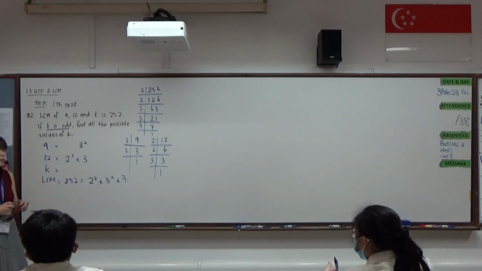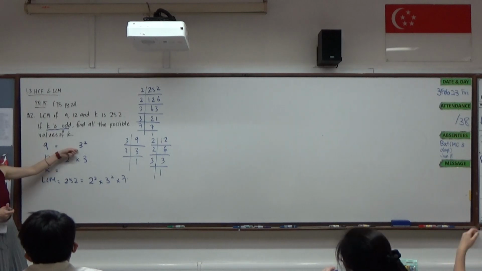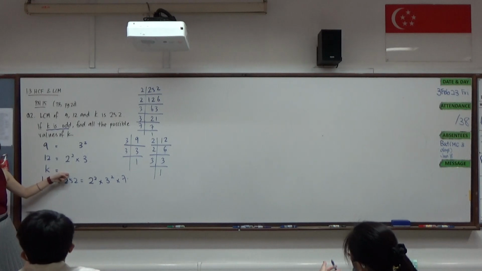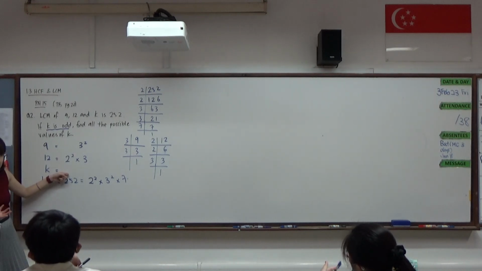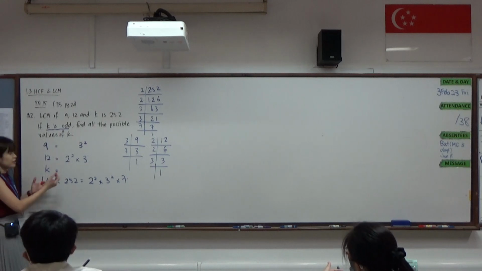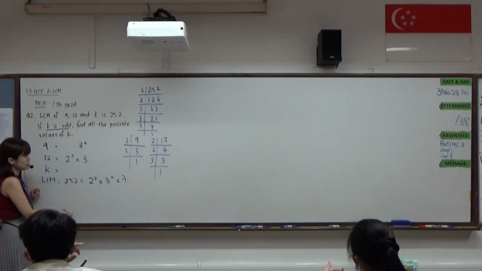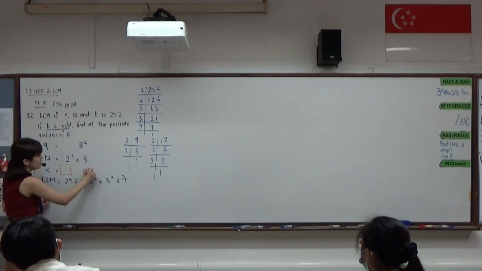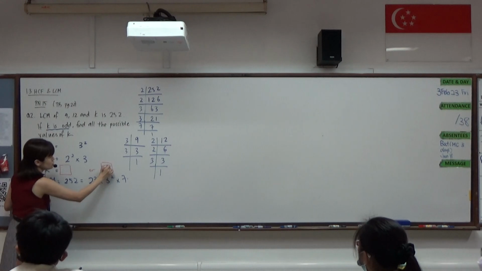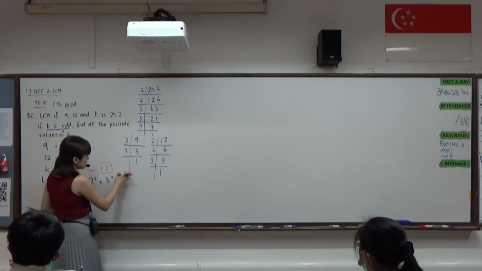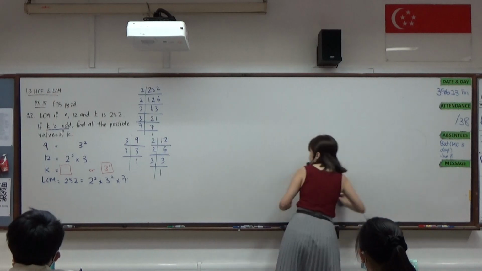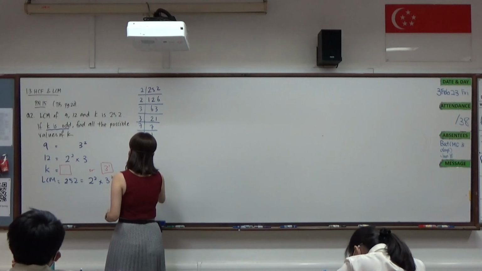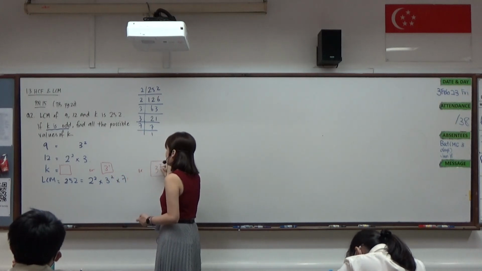Now let's look at 3 squared. 3 squared is found here already. That means for k, I can have it, I can also not have it. In fact, my options for the 3 squared are that I don't have 3 at all, or I can have just one 3, or I can have 3 squared.